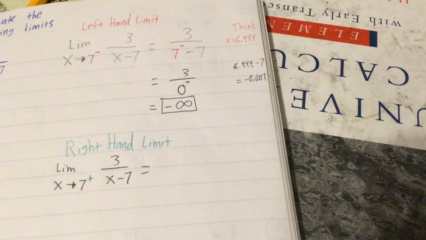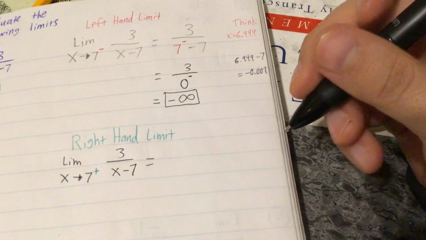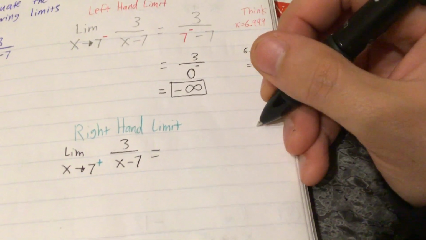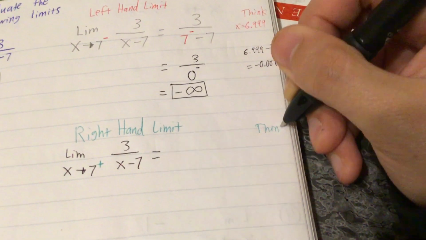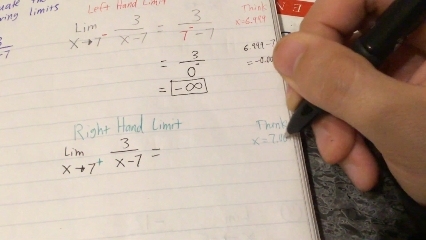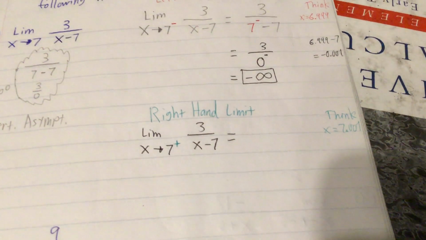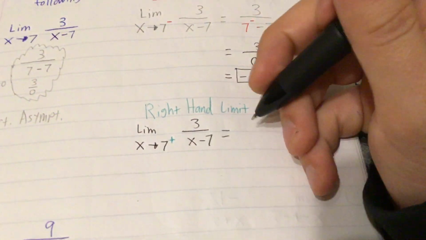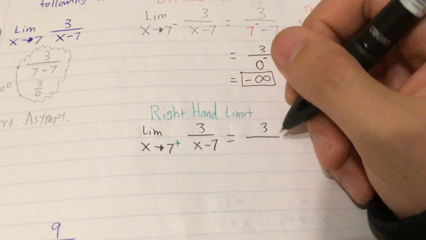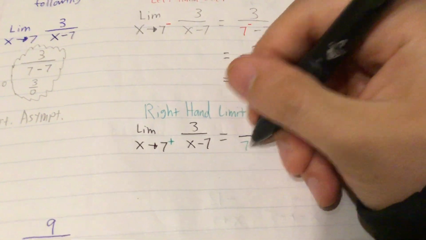So I think to myself, what's a number that's barely, and I mean barely, bigger than 7? Think x equals 7.001. Just barely. So what I do is I plug in 7, but specifically the right-hand side of 7. I'm not kidding, this is the notation.